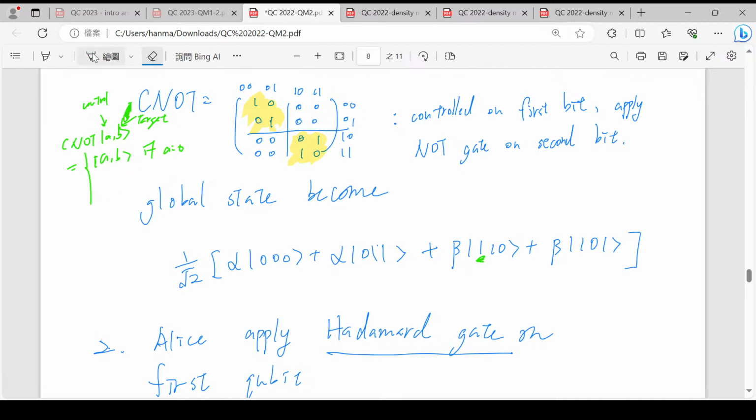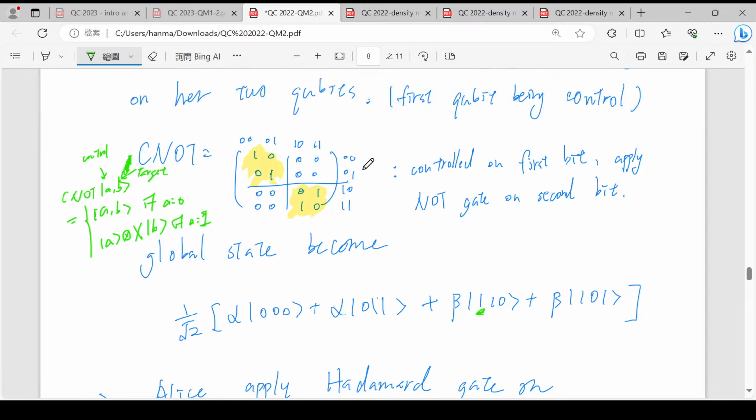So okay, the A part you never do anything, and you have A tensor NOT on B. Remember, the X gate is the NOT gate because it flips between 0 and 1 if A equals 1. And yeah, so this is exactly what you see here. In this 4x4 matrix, you see a lot of 0. And it basically just says if the first qubit is 0, then you apply the identity matrix on the second qubit. And if the first qubit is 1, then you apply the X gate on the second qubit. So basically you flip B to NOT B. Okay. So that's a CNOT gate.